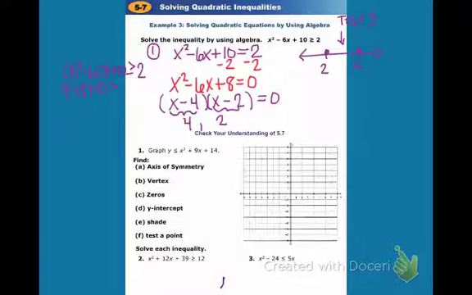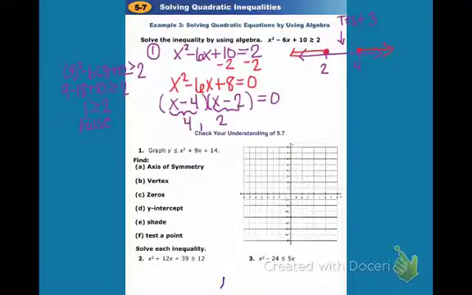Because 9 minus 18 is -9, plus 10 is +1, so it's saying 1 is greater than or equal to 20, and that's false. So I don't want to shade between, I actually want to shade outside, and so I'm going to go up here, and I'm going to shade to the left of the 2, and to the right of the 4.